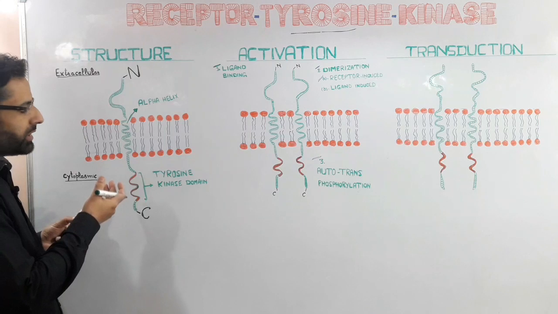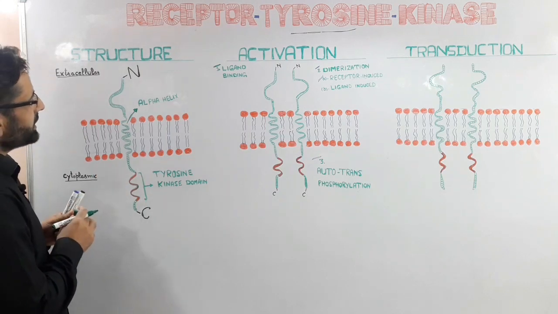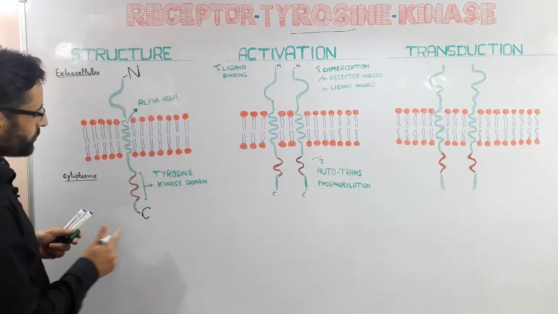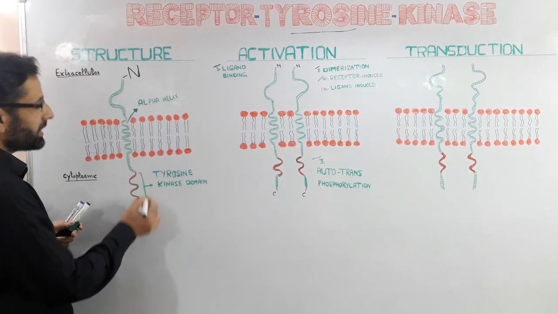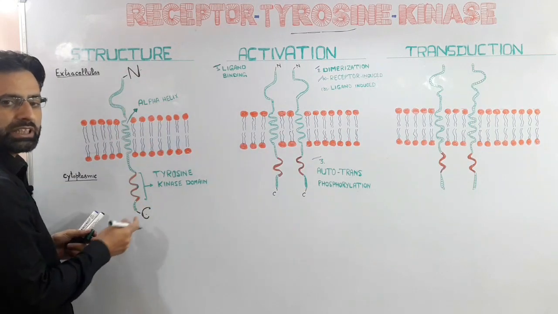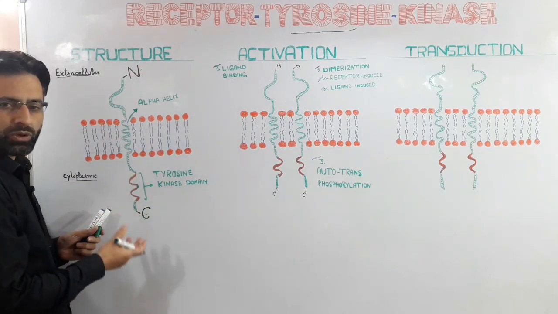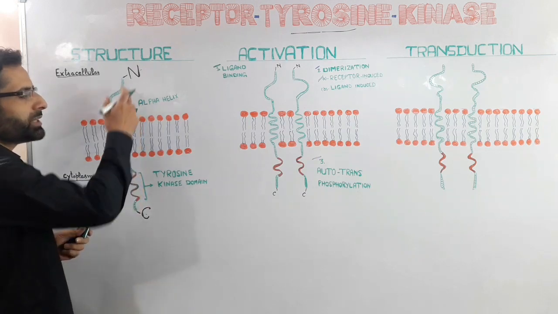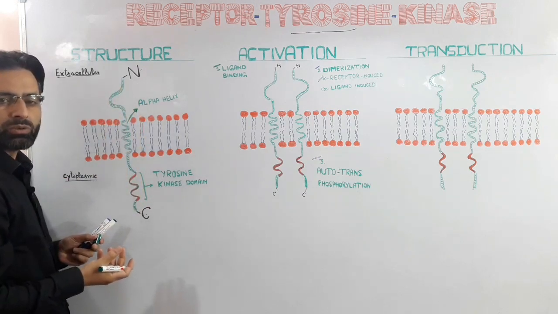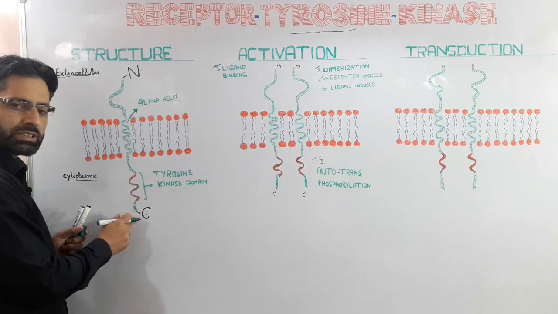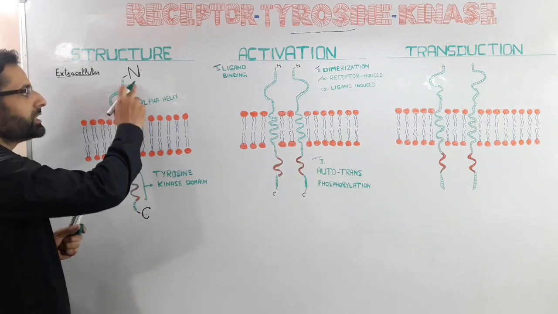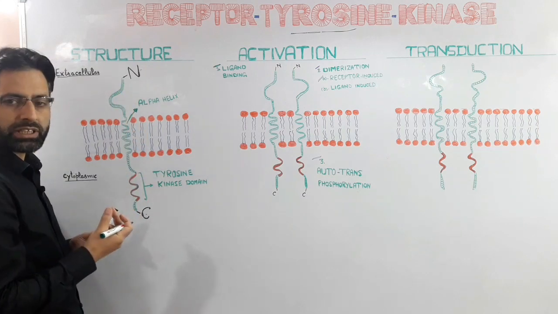And as you know, like any other polypeptide chain, it has two terminals: the C terminal and the N terminal. The C terminal has the free carboxyl group, and the N terminal has the free amino group. The C terminal is towards the cytoplasmic side and the N terminal is towards the extracellular side.